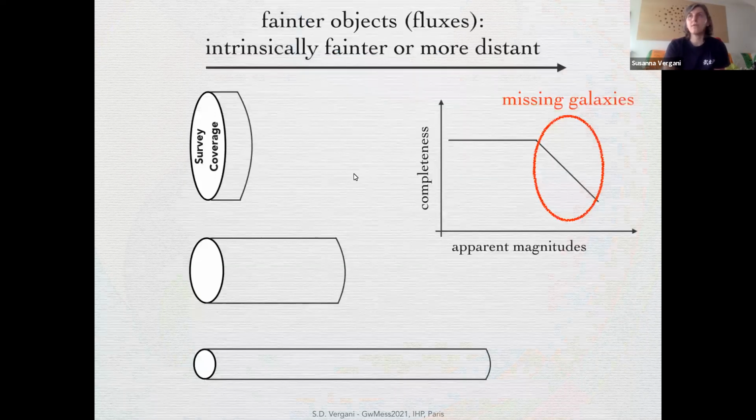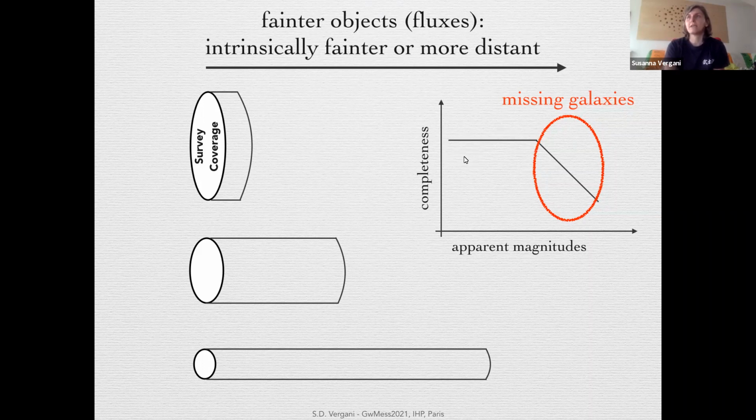But again, we have the problem of sky coverage, in the sense that galaxy surveys that cover a large part of the sky are not sensitive to faint objects. If you see this plot, it means that down to a certain apparent magnitude, so down to a certain flux limit, my survey detects all the galaxies.